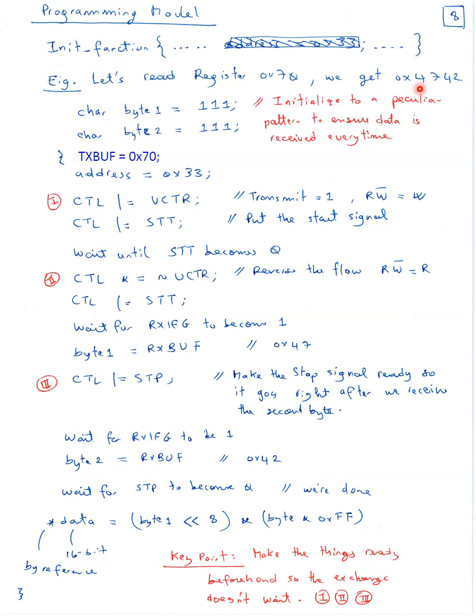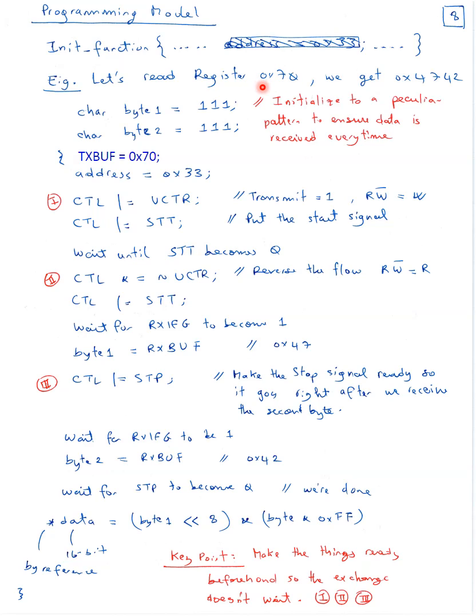If you recap a little bit on this exchange, we're gonna start this exchange with a write. So first we're gonna put the start signal. Then we're gonna address device 33 with the write bit, because first we're gonna write 70. So the device knows which one of the internal registers we wanna communicate with.